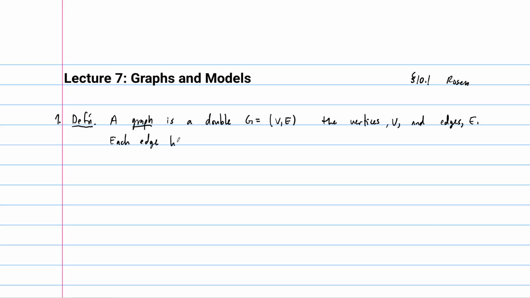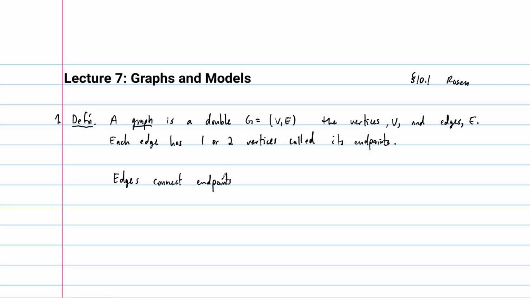So each edge has one or two vertices called its endpoints. And notice that in this scenario, the order of the vertices is not specified. So it's possible that this could be undirected, in other words, right? And so the basic idea here is that edges connect endpoints. And that's the whole idea of a graph.